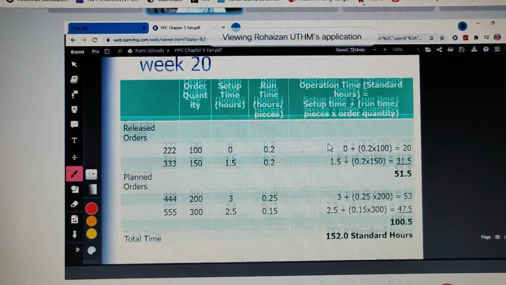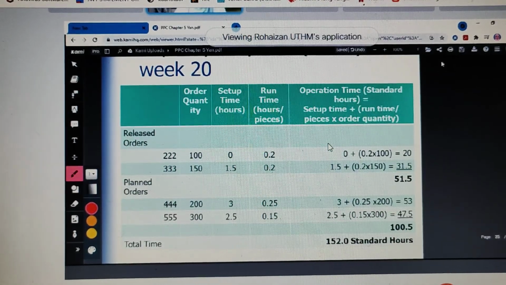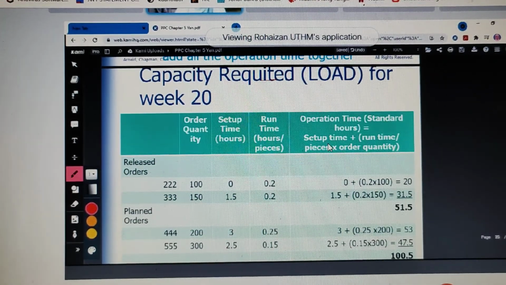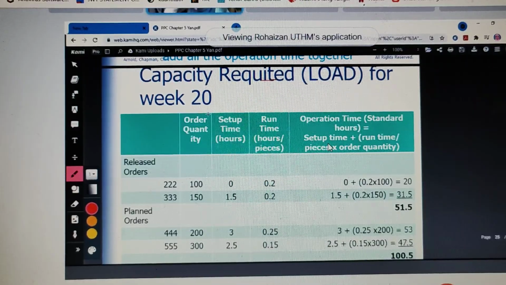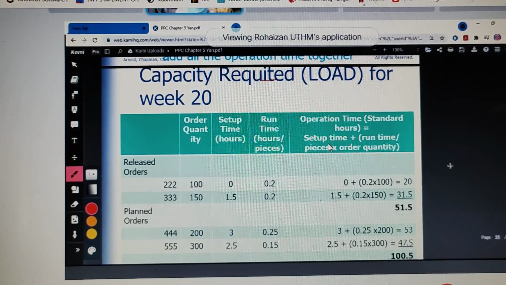Okay, so this is the example of how to calculate the capacity required for week 20 only. For week 20, remember, we have MRP with periods 1 until 4. Let's say this is period 1 in week 20.